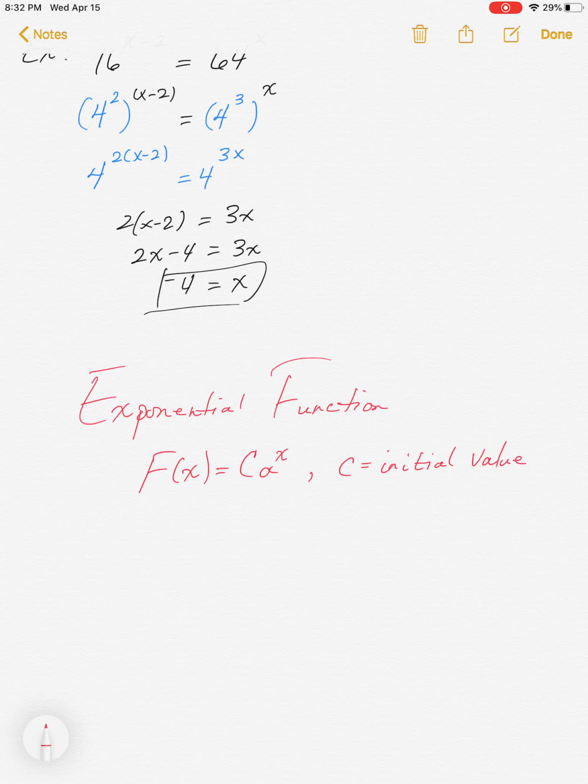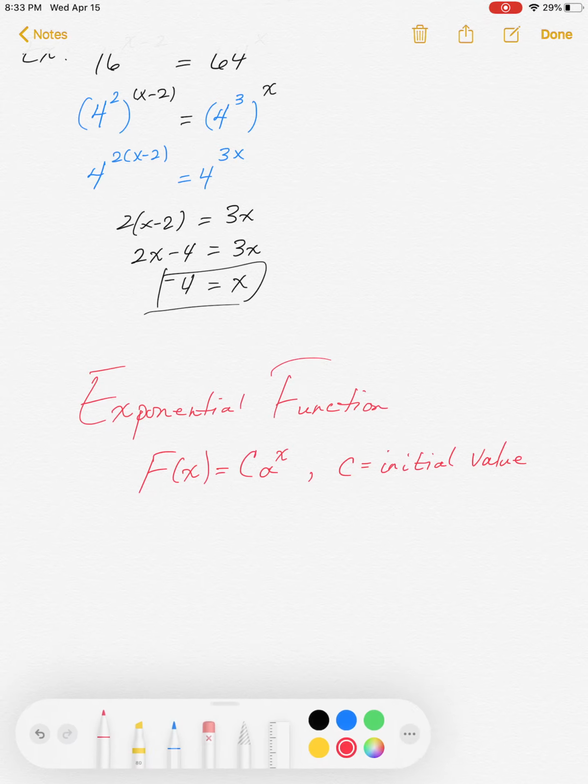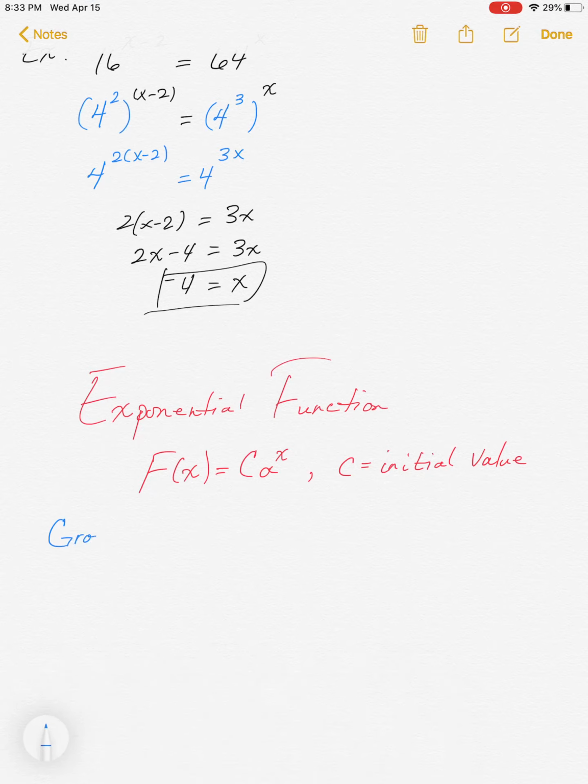You can either have a growth function, and the graph for your growth function would increase rapidly, like so.